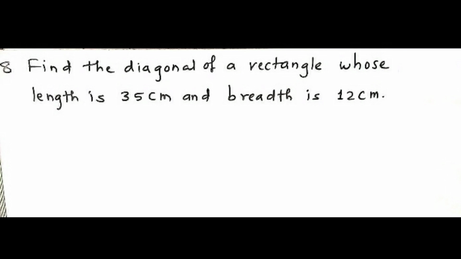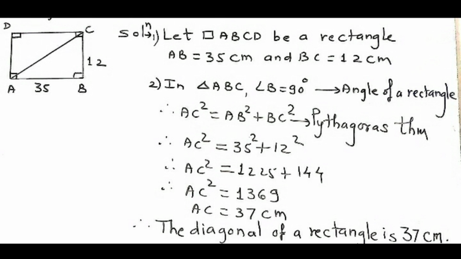Question number 8. Find the diagonal of a rectangle whose length is 35 centimeter and breadth is 12 centimeter. Here, I will assume quadrilateral ABCD as a rectangle, where AB is 35 centimeter, BC is 12 centimeter. I have to find out AC. So, in triangle ABC, angle B is 90 degrees as it is the angle of a rectangle.